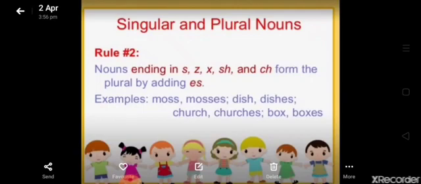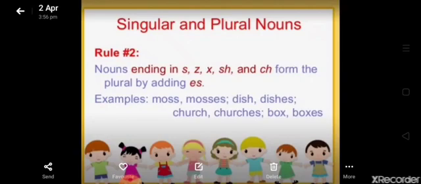In a simple way, suppose a word is box, the word ends with x. So, whenever we are going to make the plural, we write boxes. So, it is the plural form of box.